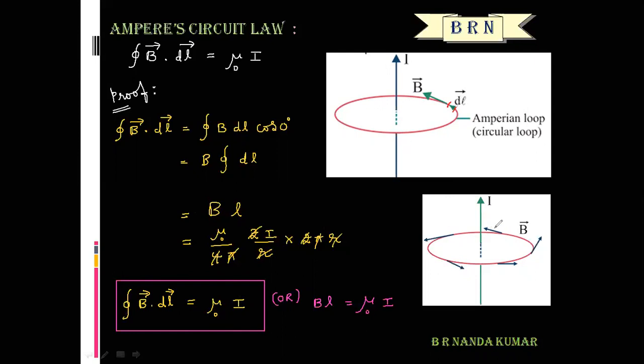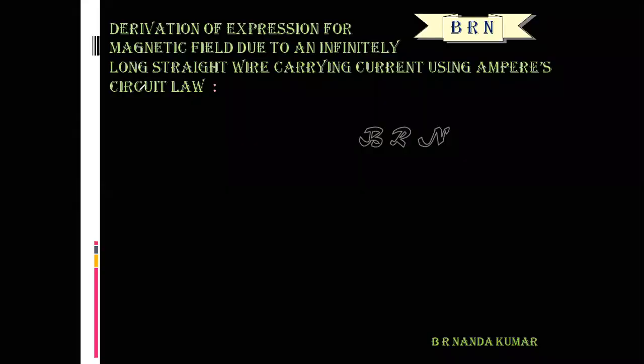Or the magnetic field B vector is directed along the tangent to every point on the perimeter L of a closed curve, and its magnitude is constant along the curve. Okay, the next topic. This is very important for 3 marks.